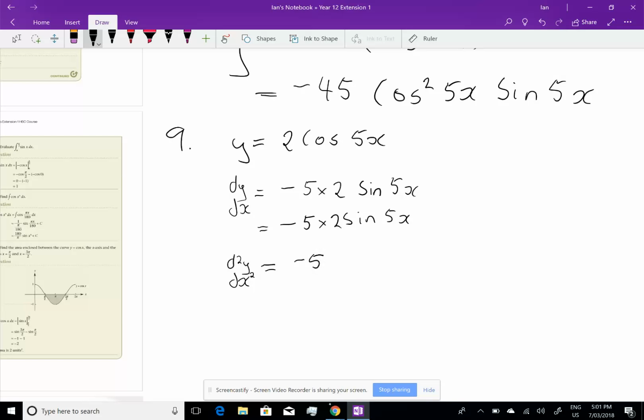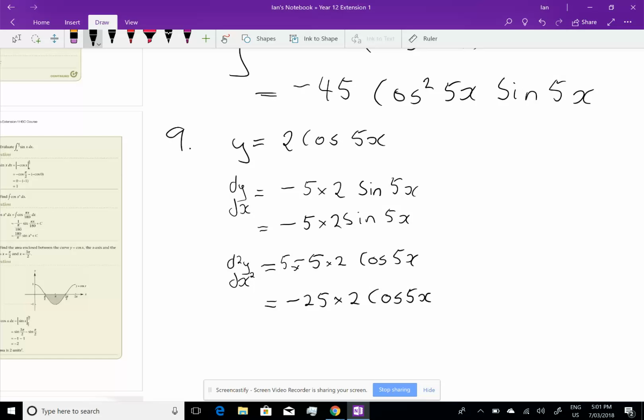Well, first of all, I've got to multiply by the derivative. So 5 times minus 5 times 2. Sine goes to cos 5x. I'm going to multiply the 5, so I'm going to get minus 25 times 2 cos 5x.